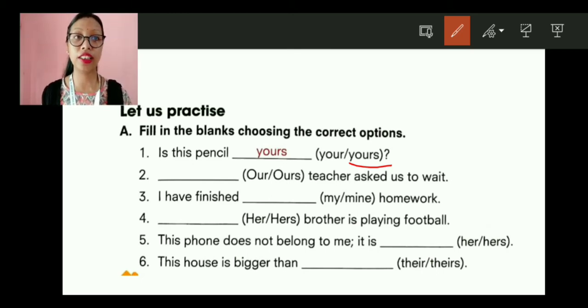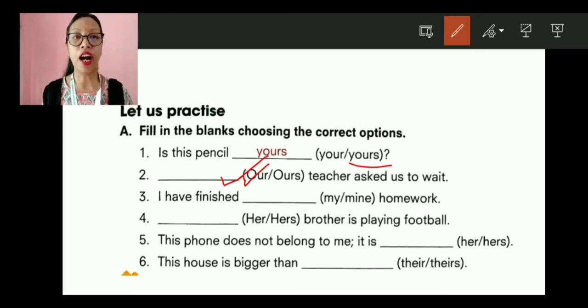Whose teacher? Our teacher, right? This is not a pronoun. So we are asking whose teacher, that teacher belongs to whom? That means our teacher. Therefore the answer will be our teacher asked us to wait.